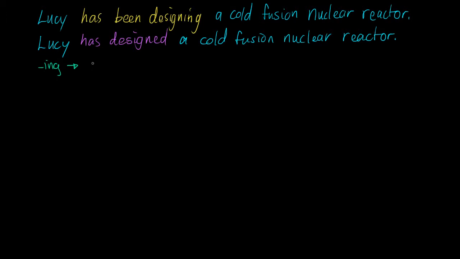So the present perfect continuous, the yellow here, could indicate that it's not finished, that it's recently finished, or it could be just a short-term arrangement, or that is to say something temporary.